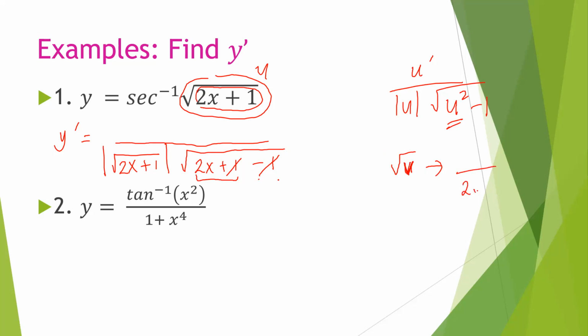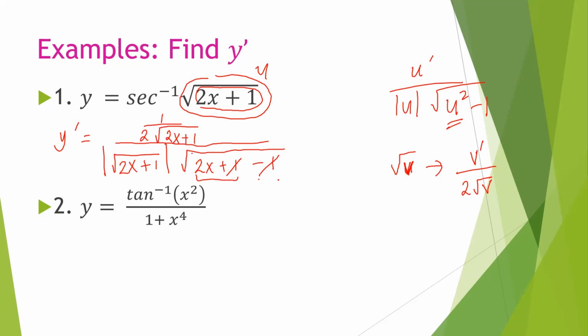We put 2 square root of v times the derivative of that. Okay? So let's do the same here. This is our v. So we have 1 over 2 square root of 2x plus 1.